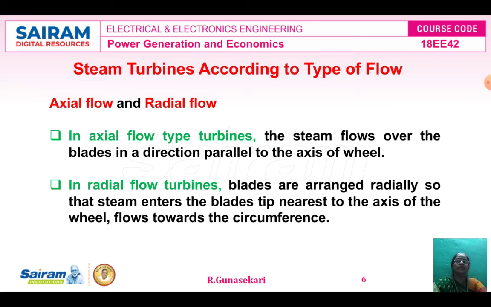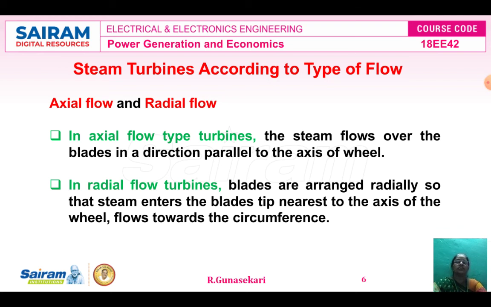These are the types of steam turbine. Then the steam turbine is also classified according to the type of flow: one is the axial flow turbine, another is the radial flow turbine. In the axial flow type turbine, the steam flows over the blades in a direction parallel to the axis of the wheel.